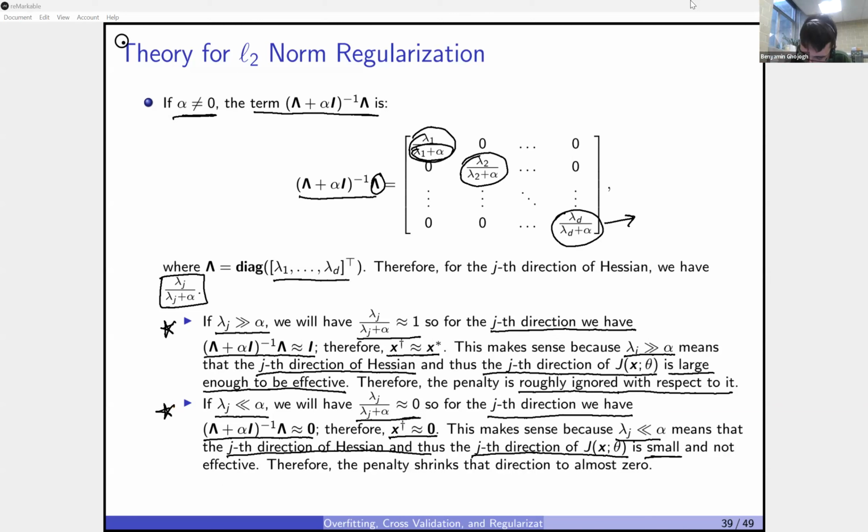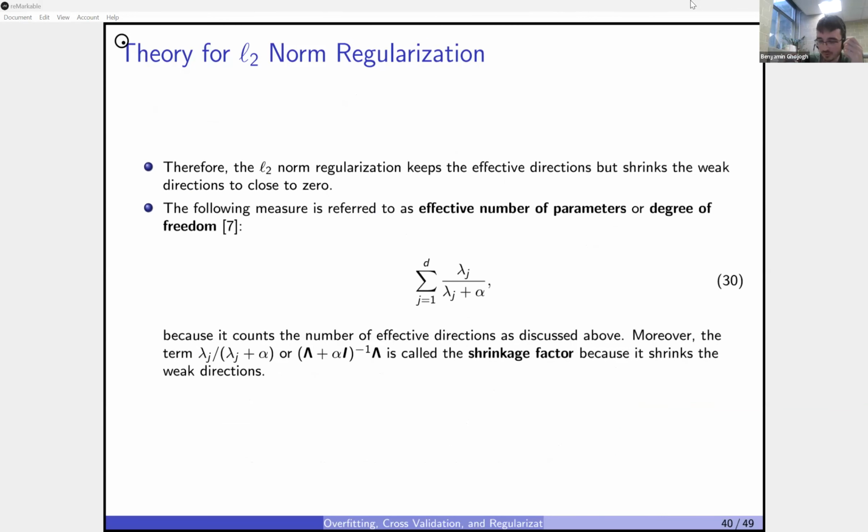Therefore, the penalty shrinks that direction to almost 0. That's the understanding of L2 norm regularization. Therefore, L2 norm regularization keeps the effective directions but shrinks the weak directions to close to zero. Do you see that? Okay.